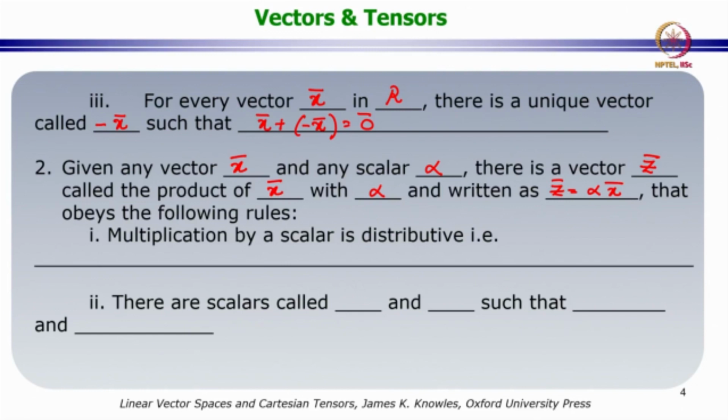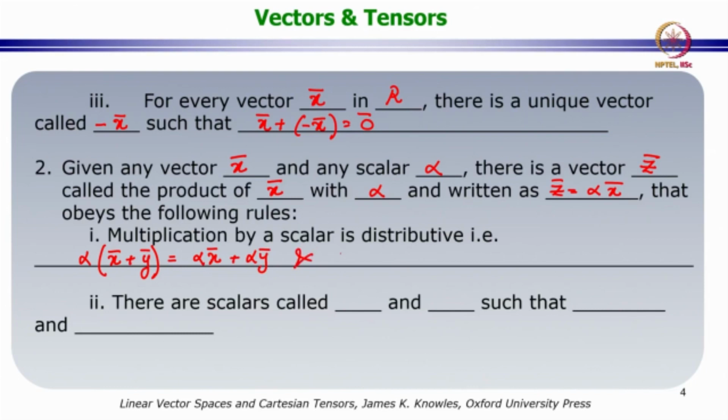So multiplication now is going to be distributive. If I want to multiply alpha with the sum of two vectors, let us say x and y, then it basically means I can do alpha x bar plus alpha y bar and add the two together, and I get the same thing.